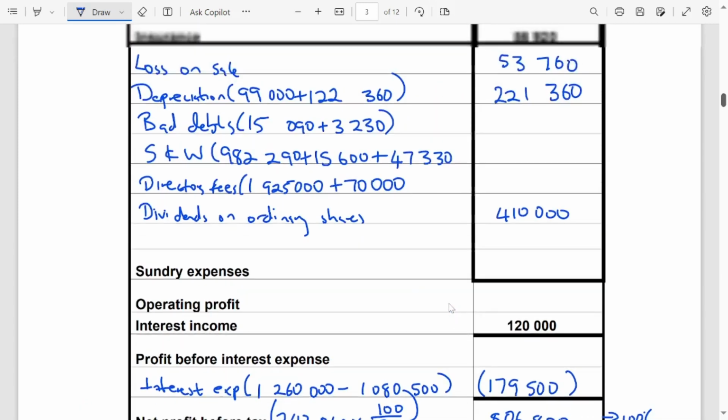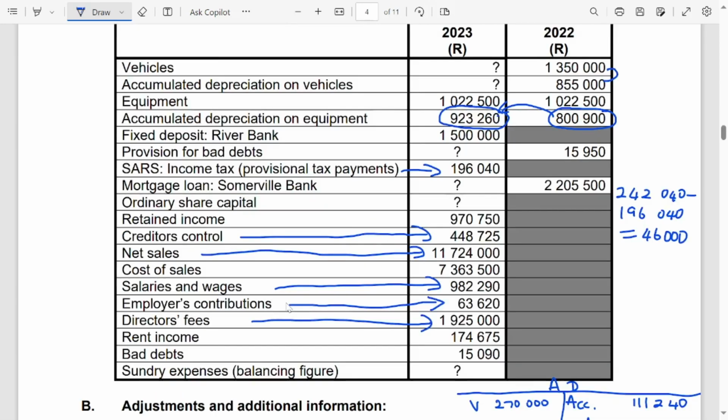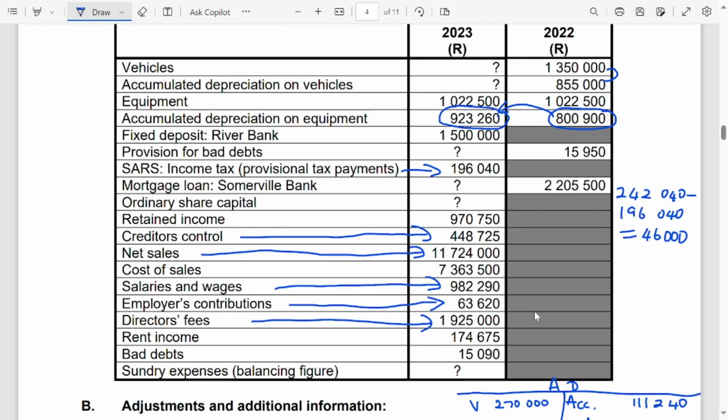Are they recorded? They're not here. Employers' contribution, 63,620. So all of these are recorded.